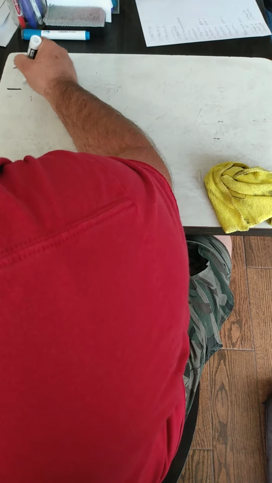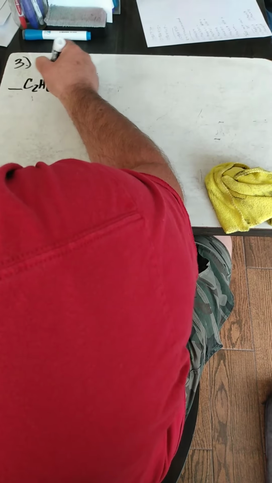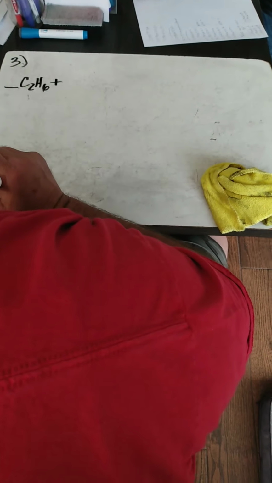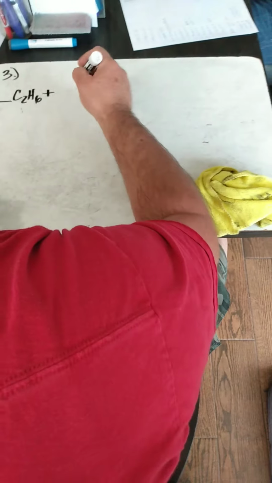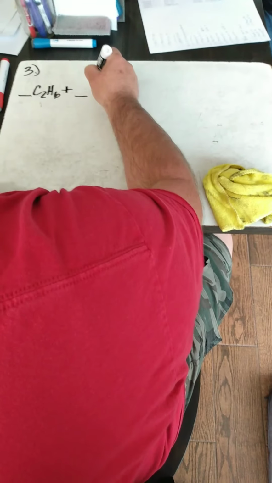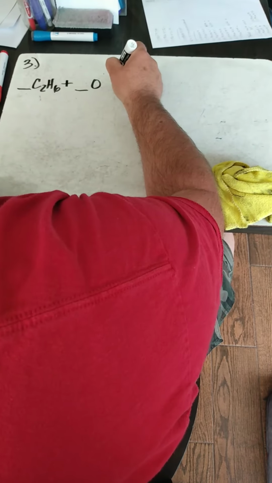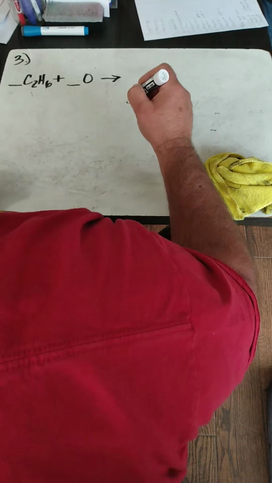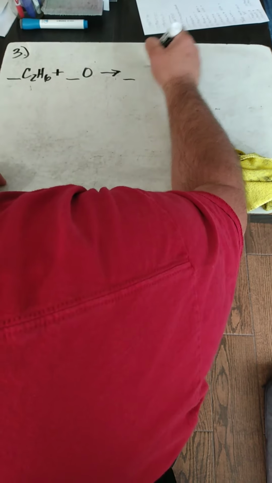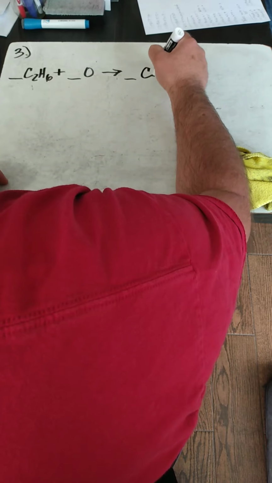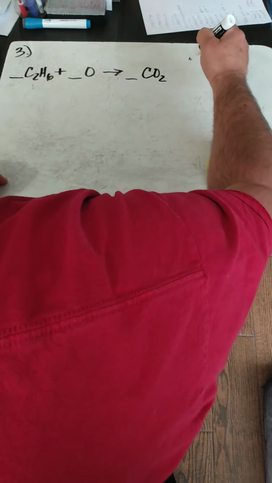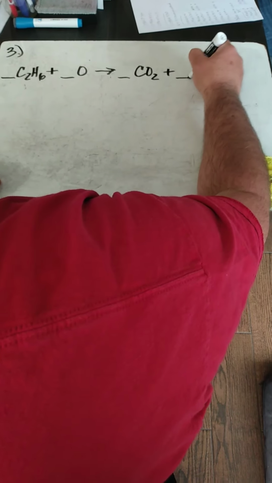It's C2H6 with, so there's our plus sign, with oxygen to form, so there's our yield, carbon dioxide, so 2 oxygens, and water.